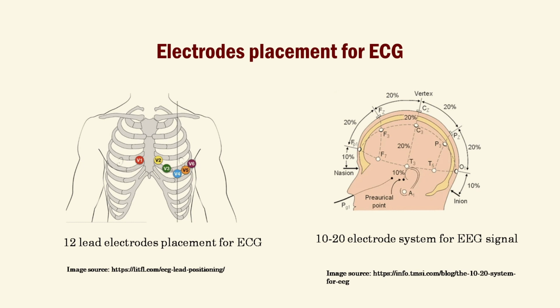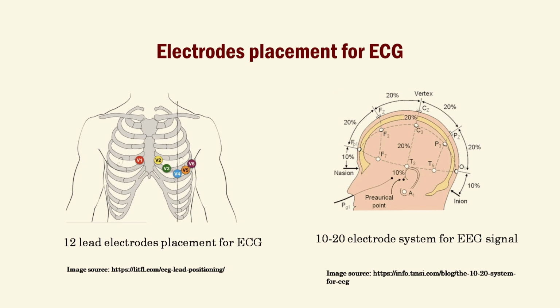The standard 12 lead system for ECG recording is shown in the figure. Apart from the 12 lead system, 3 and 5 lead systems can also be used, but are not able to reveal crucial information. For EEG, the 10-20 electrode system is shown in the figure.